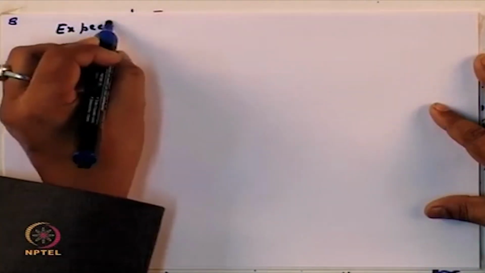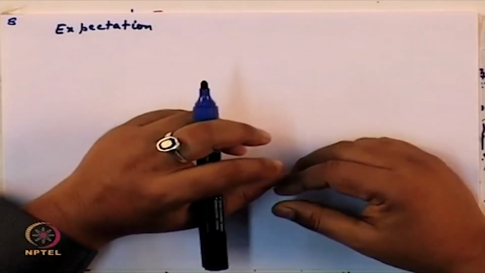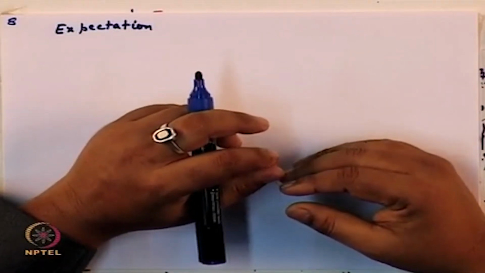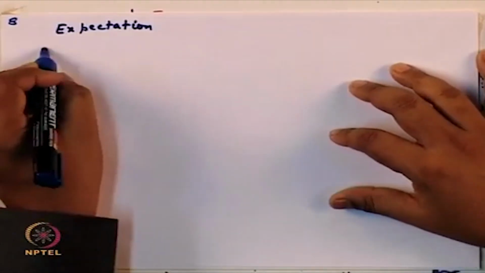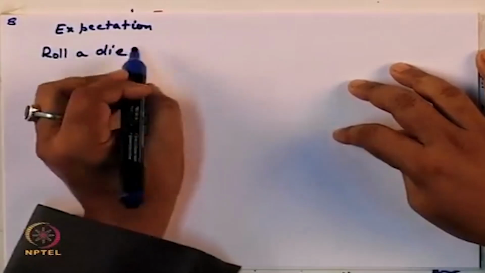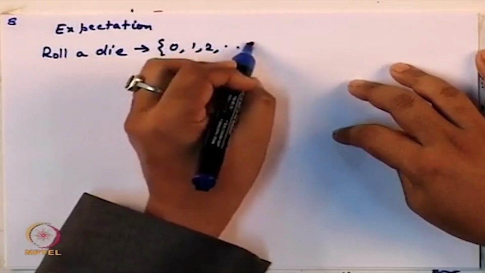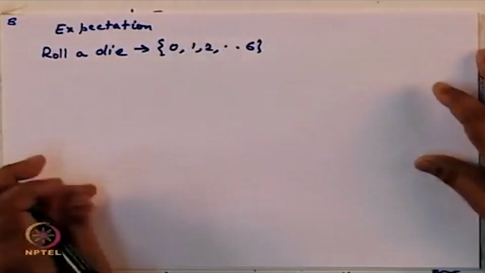So, we introduce one more important concept today, which is the concept of expectation. Imagine you have a die being rolled. You roll a die. The values can be 1, 2, up to 6.